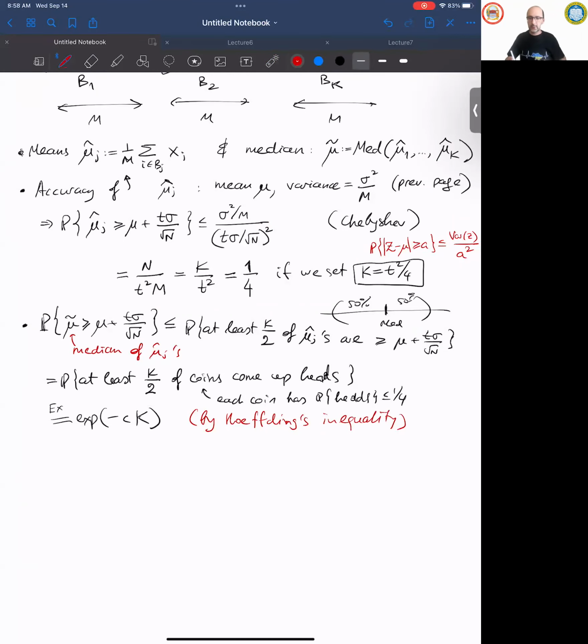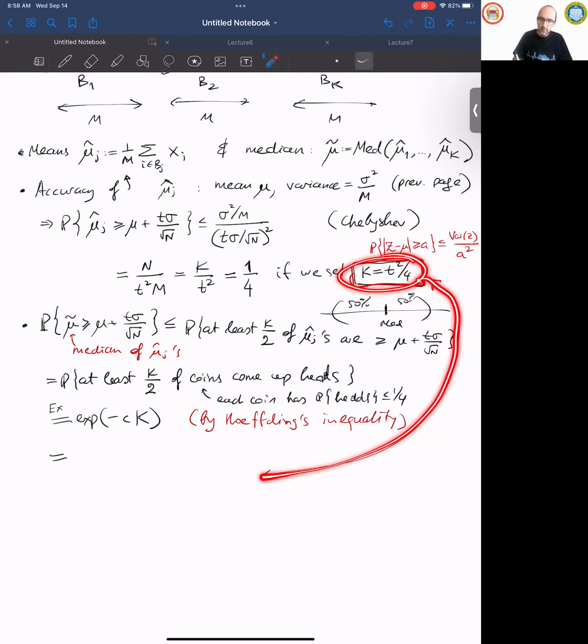By Hoeffding's inequality. And it's almost time to celebrate, because k was t²/4 right here. K is t²/4, and so we get e to the minus c t²/4.